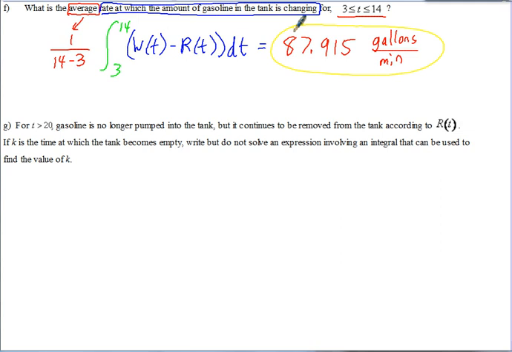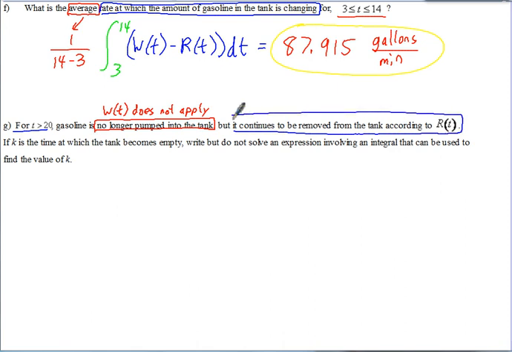And the last part says for t greater than 20, so this is beyond the interval we were previously looking at, gasoline is no longer pumped into the tank. So since it's no longer pumped into the tank, that means that rate, W of t, no longer applies. But it does continue to be removed from the tank according to R of t. So R of t still applies.